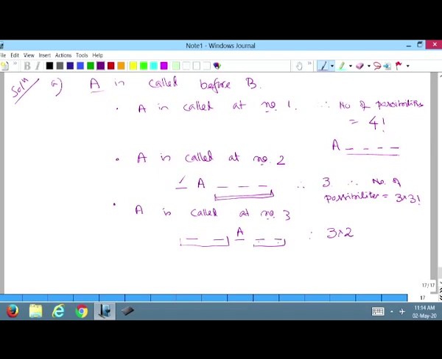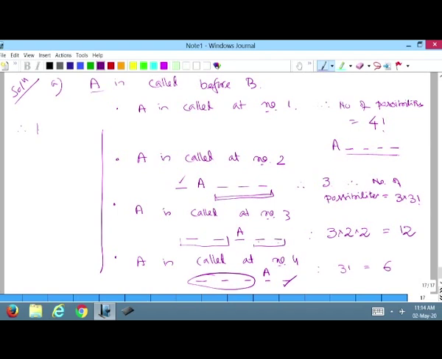Now, B and the other candidate can be permuted here in 2 ways. Therefore, total possibilities is equal to 12. A is called at number 4. Therefore, B has to be here, and other 3 can be permuted here in factorial 3, which is 6 ways.